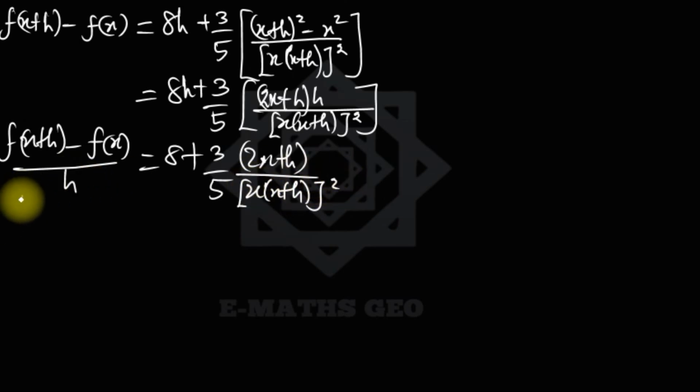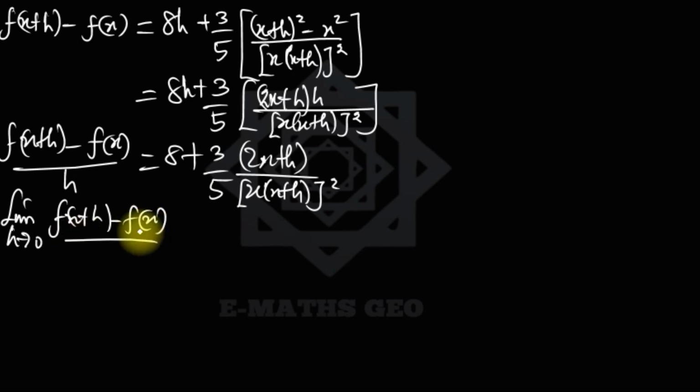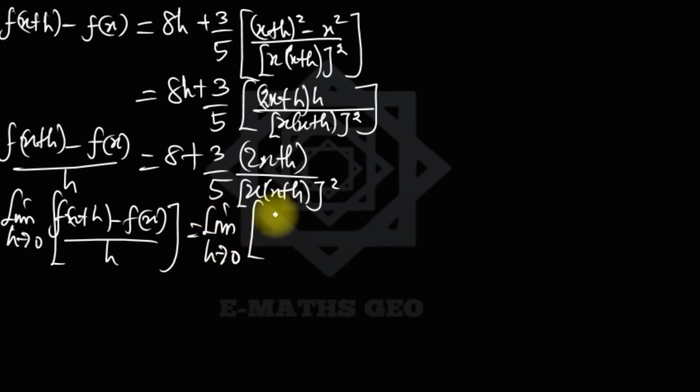So the last step is the limit as h tends to 0 of f of x plus h minus f of x over h, which is the same as the limit as h tends to 0 of 8 plus 3 over 5 times 2x plus h over x times x plus h all squared.